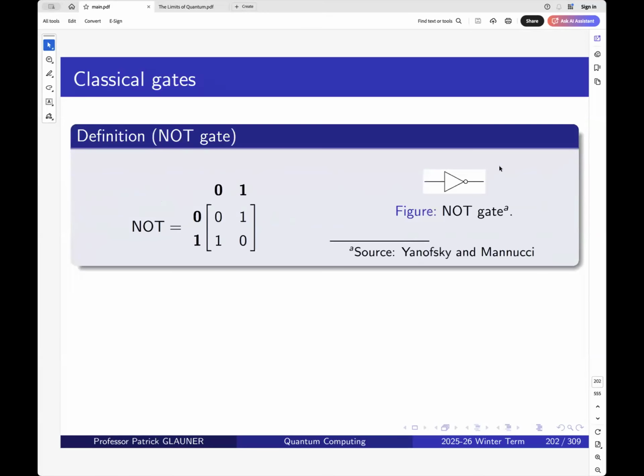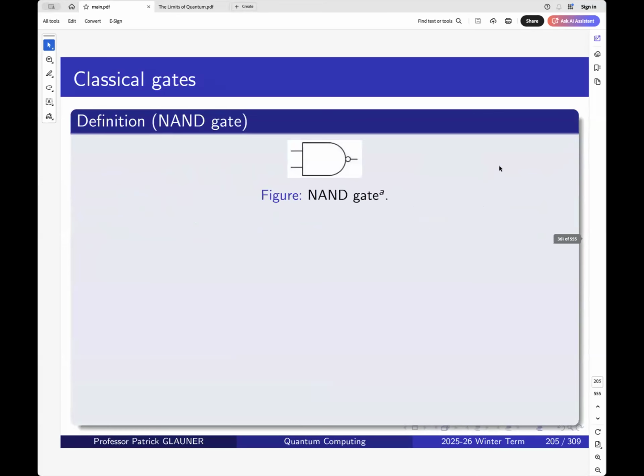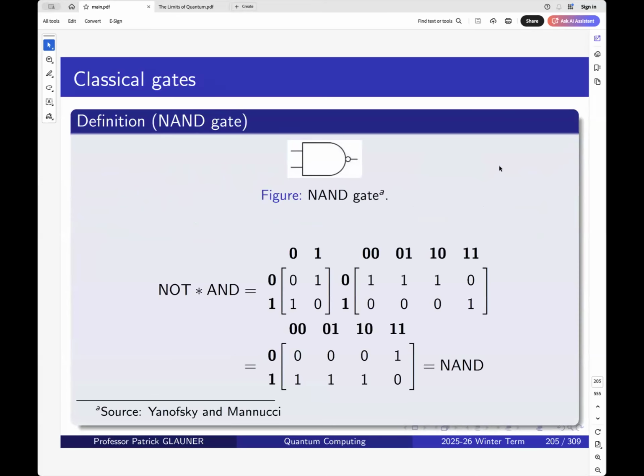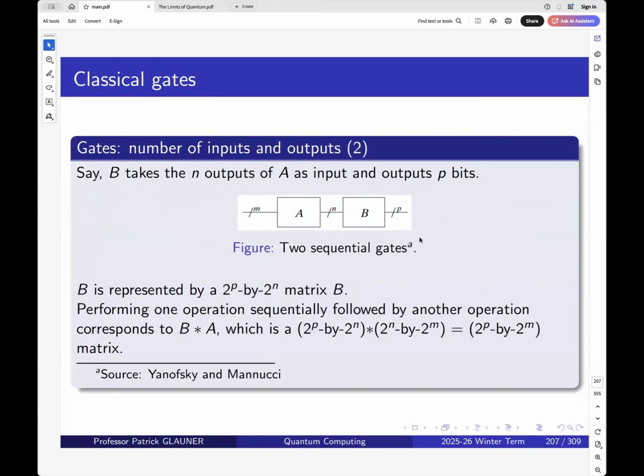And then we started describing classical gates and established a mechanism just to describe classical gates in our linear algebra approach, like not and or, which are not quantum gates, but it helped us to move towards quantum. And then we described a couple of more sophisticated gates. We saw we can use the matrix multiplication to build more complex sequential gates.